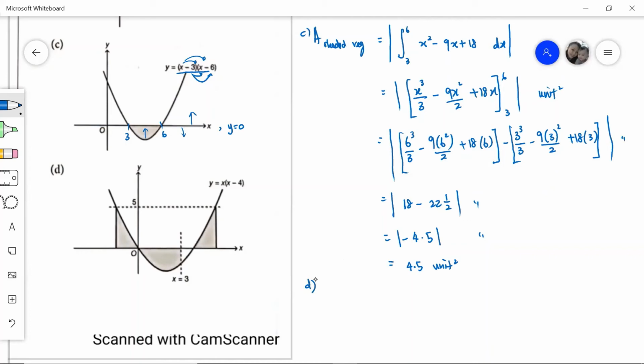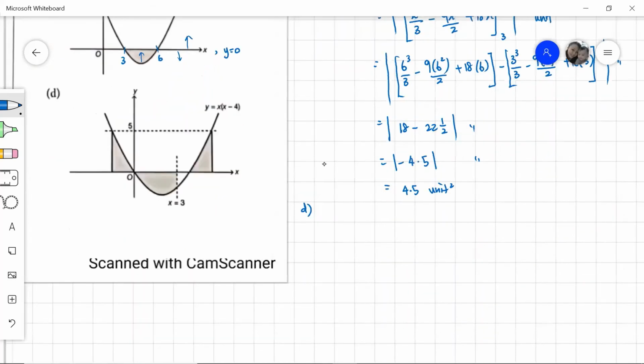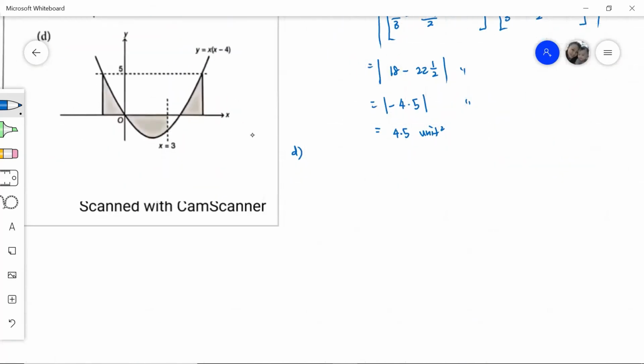So for part D, we have part of the shaded region above the x-axis, part of it below the x-axis. So we use the x-axis as reference because we are integrating towards the x, because the shaded region is bounded by the curve and the x-axis, and of course with the x value here. So we have to find the boundary here.